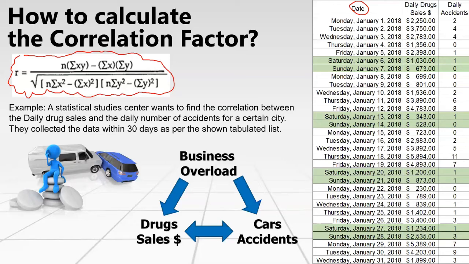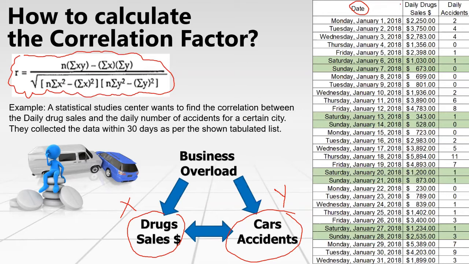So we want to know if there is a correlation between the drug sales and the car accidents. In that example, the drug sales will be my independent variable x, while the car accidents will be my dependent variable y.